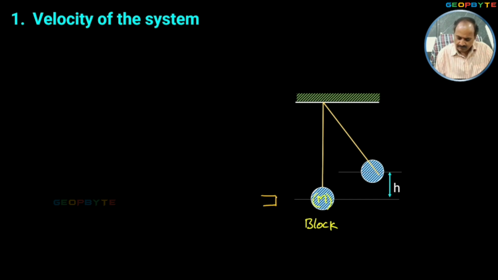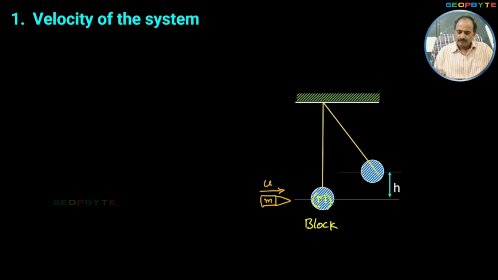This is the bullet which is firing from the gun. This is the bullet of mass small m traveling with a velocity u.